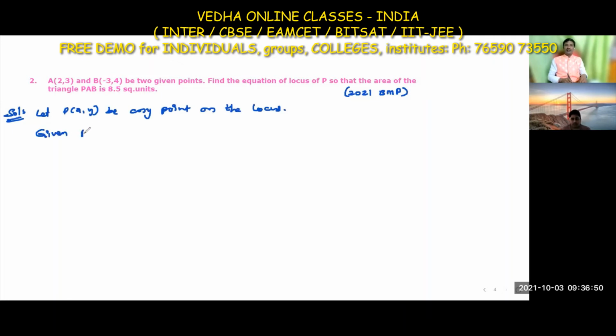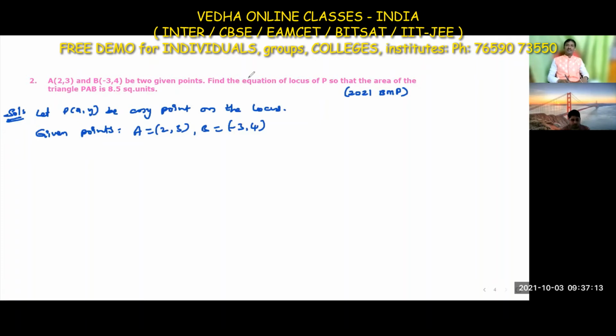The given points are A equals (2, 3) and another point B equals (minus 3, 4). These two are the given points, and we are going to find the equation of the locus of P so that the area of the triangle is 8.5.